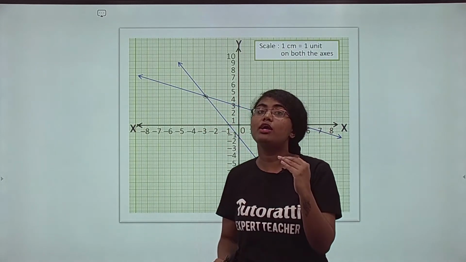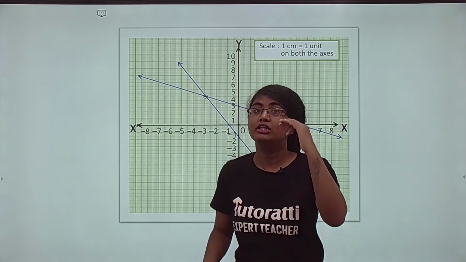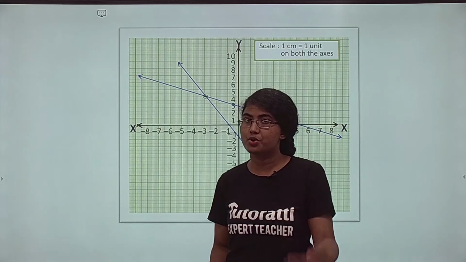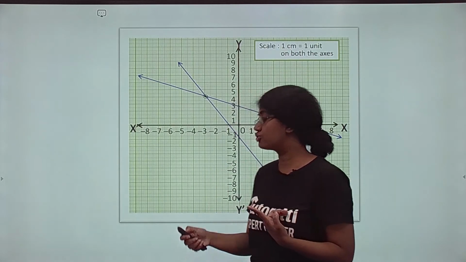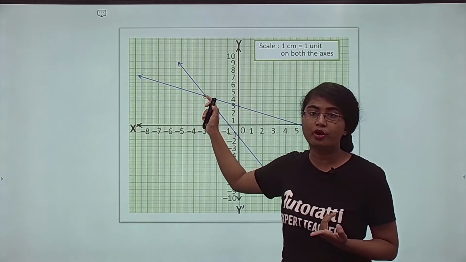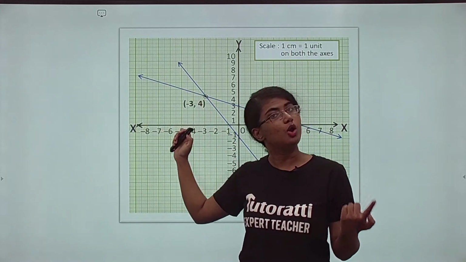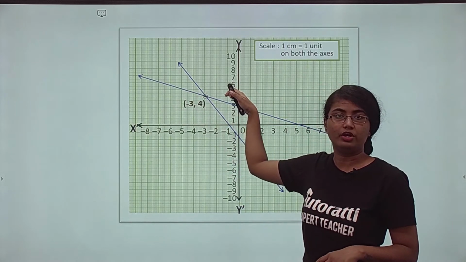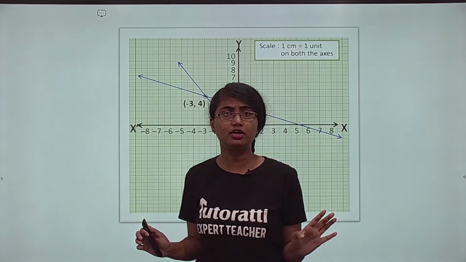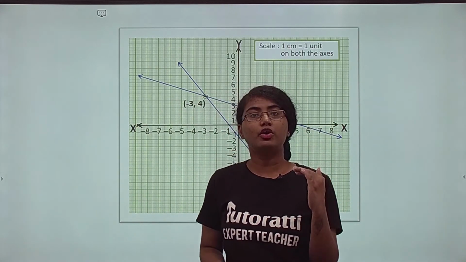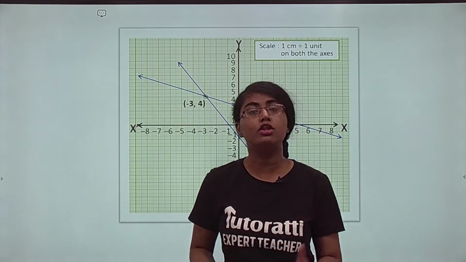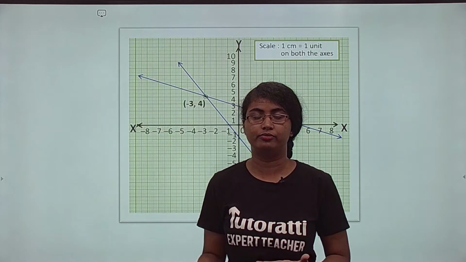When we are talking about a graph, always remember the x coordinate is supposed to be mentioned first. So here the coordinates of your point will be -3, 4: the x coordinate, then the y coordinate. Is this clear? Now we are going to move on to the graphical method and actually try solving one example with the help of a graph.